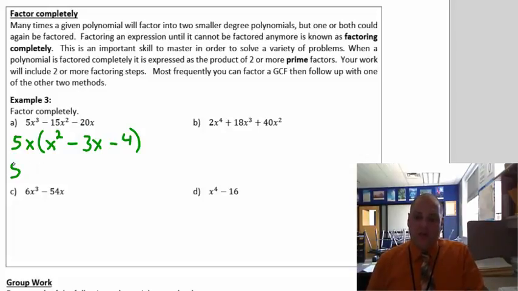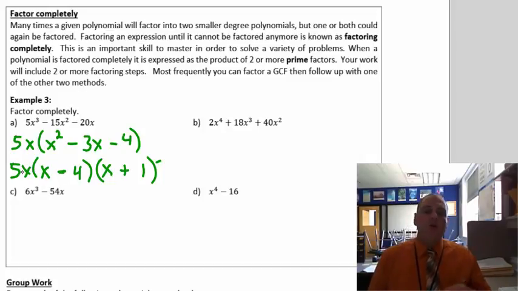We factored trinomials with two binomials. 4 times 1 gives me 4, and then we'll subtract to give me 3, so I'm going to go negative 4 plus 1. There it is. So you wouldn't just leave 5x, x squared minus 3x minus 4. You would put 5x, x minus 4, x plus 1. There's actually 3 factors for this part A here.